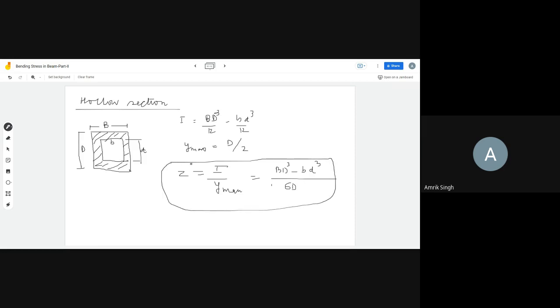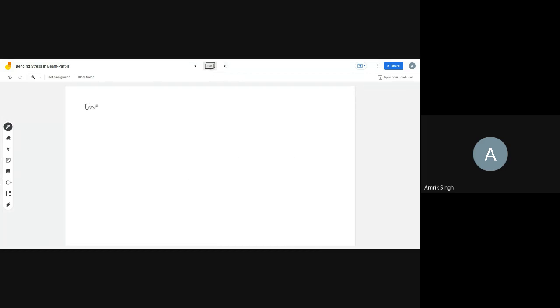So similarly you can calculate for the circular section. So the circular section is like this, and if D is the diameter, then Y max here will be equal to D by 2, and I you know it is pi D4 upon 64.